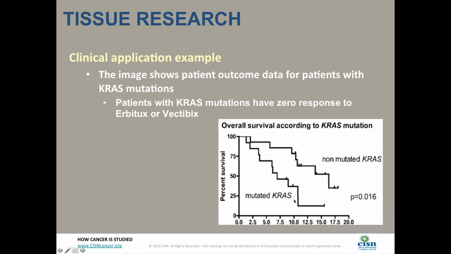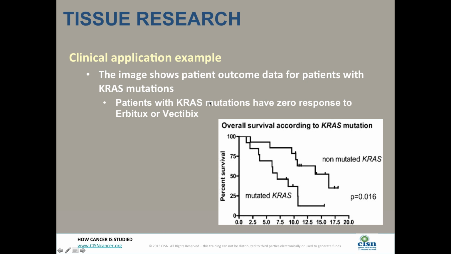And it not only showed that, but they also found that people with KRAS mutations had no effect whatsoever from the two drugs that were used at the time. So before this was known, before we knew about KRAS mutations, people were getting these drugs. And if they had a mutated KRAS, they had all the side effects and none of the benefits.